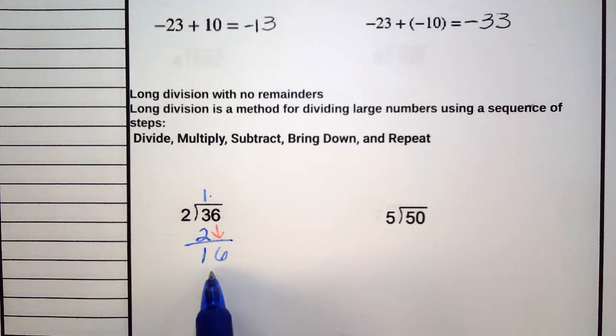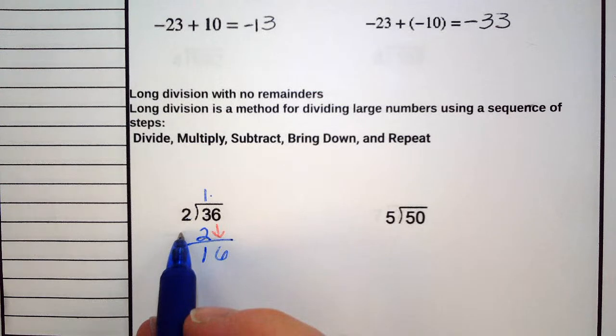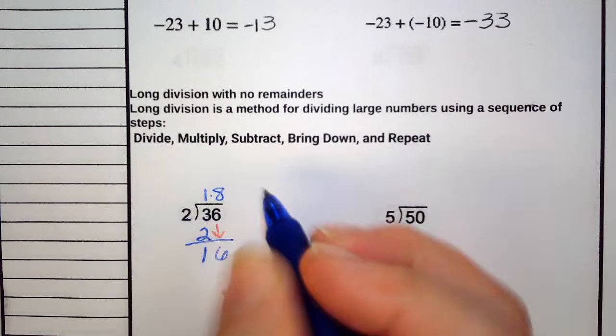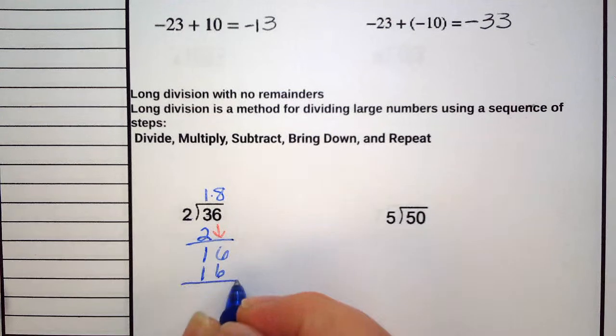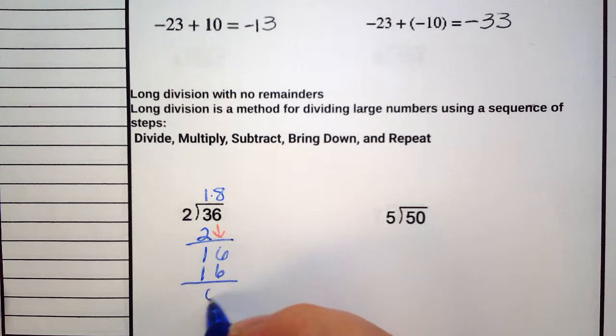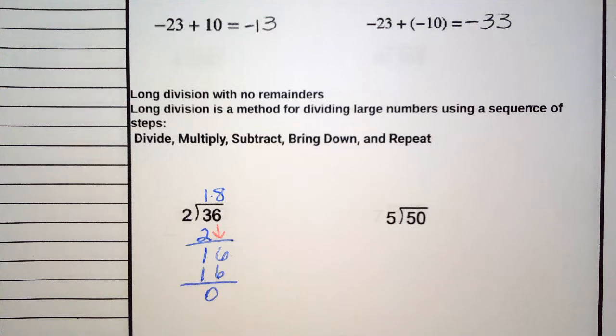Now I've got 16. 16 divided by 2 is 8. 8 times 2 is 16. 16 minus 16 is 0. There's no remainder. So 36 divided by 2 is 18. 36 cut in half is 18.